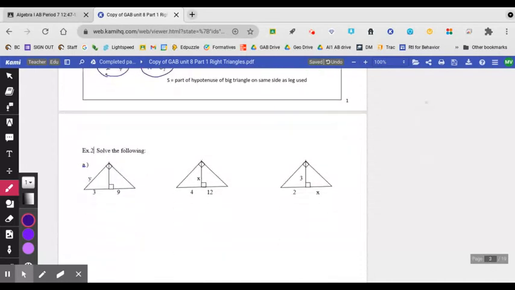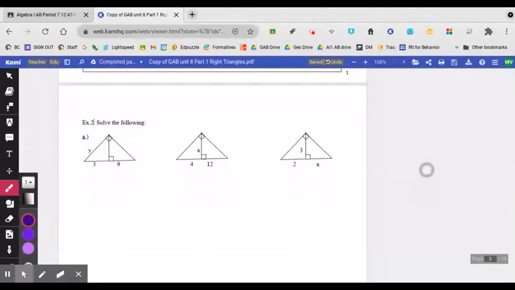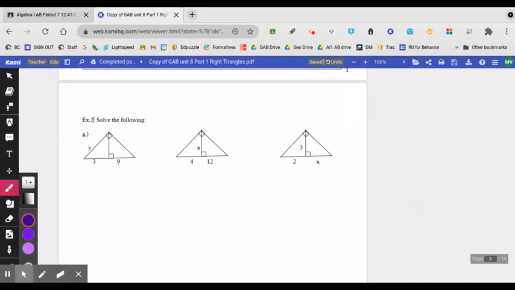So how can we use this? I can use hills and SAS to solve these three problems. Letter A tells me I want to use hills, because I don't know the altitude. Using hills, I say the hypotenuse is to the leg as the leg is to the segment, and I always want to use the segment that's closest.